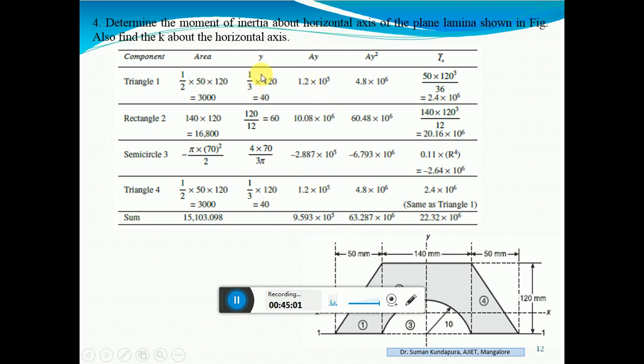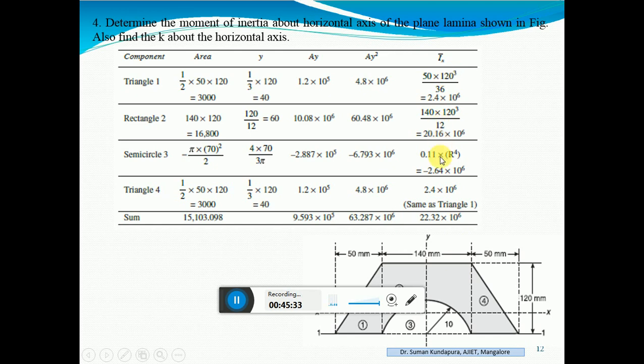Now simply multiply the area column and the y distances, get the ay. This ay again, if you multiply with the y, you will get ay square. Write down the respective value. Then go on to Ix bar for each component. For triangle it is bd cube by 36. The area and the sides of the triangle are the same, so the same value you fill in the fourth triangle as well. For the rectangle we have b 140, d is 120 cube divided by 12.